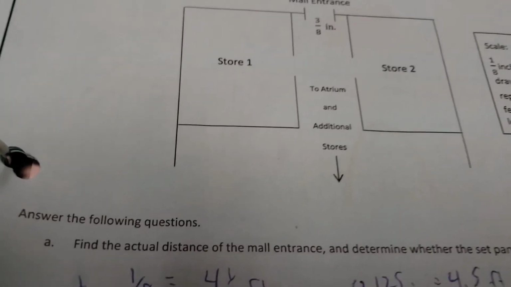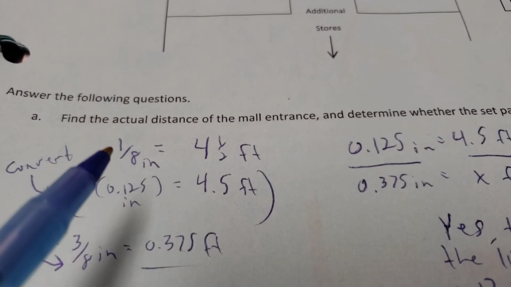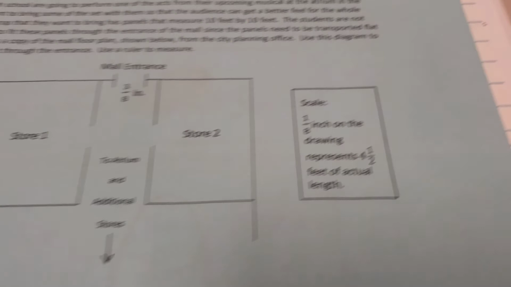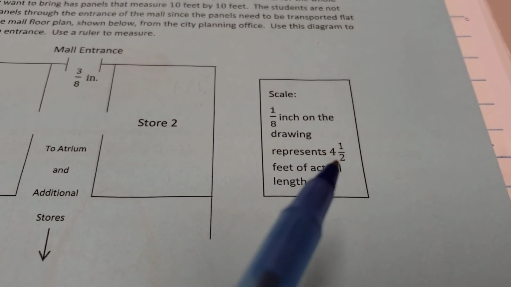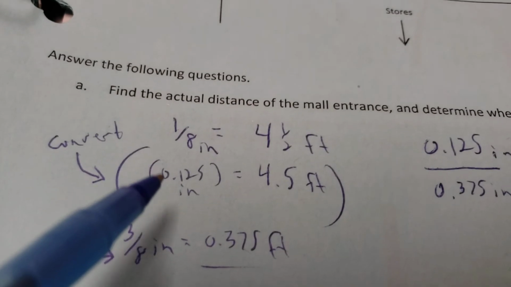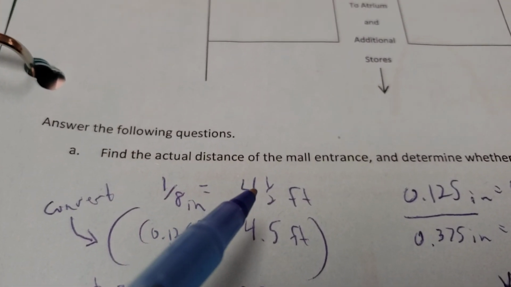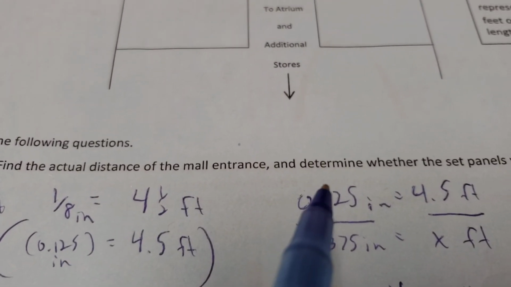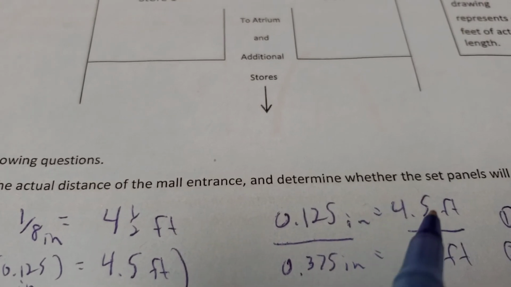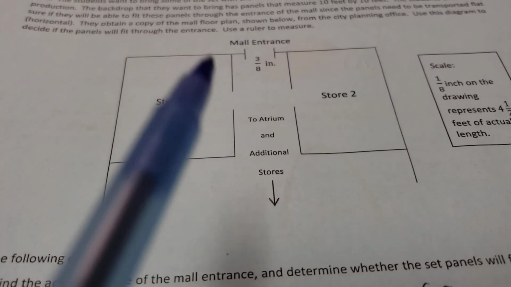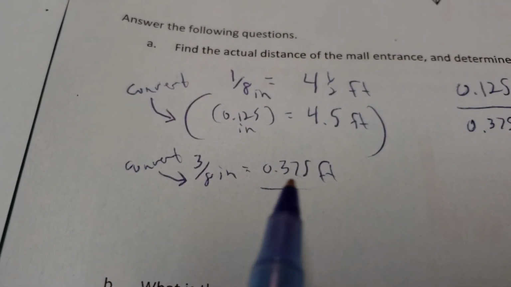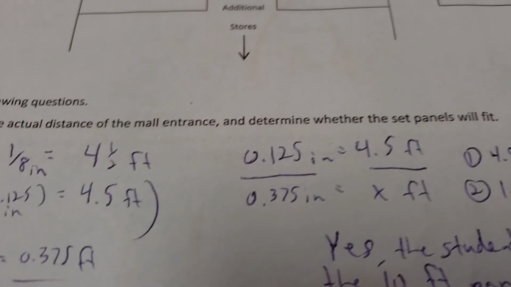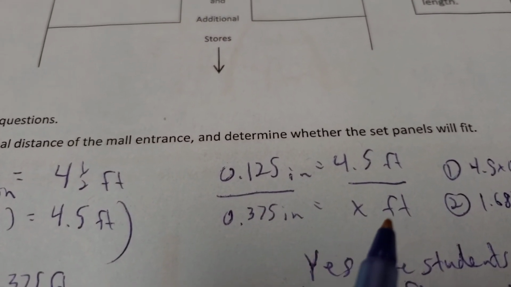All right, so what I did, kind of like last problem, I converted those fractions to decimal numbers, because that original scale, if you remember from up here, 1/8 represents 4.5 feet. Well, 1/8 is 0.125 inches. So that's supposed to equal 4.5 feet. So if the scale says 0.125 inches is equivalent to 4.5 feet, then 3/8, 3 divided by 8, gives you 0.375. 3/8 is going to equal how far across?